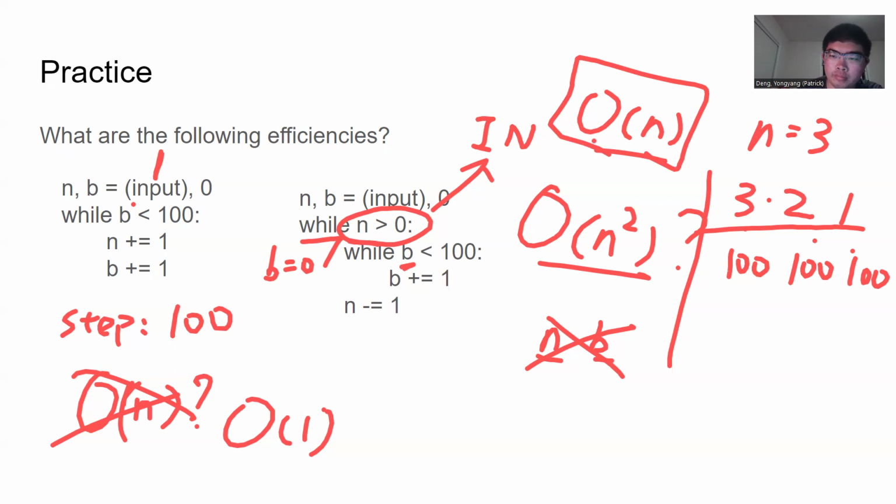Because you can just take looping 100 times as one number of operations. And the outer while loop is related to the input, so the amount of input is linear, the same as the number of operations. So it will be big O of n.